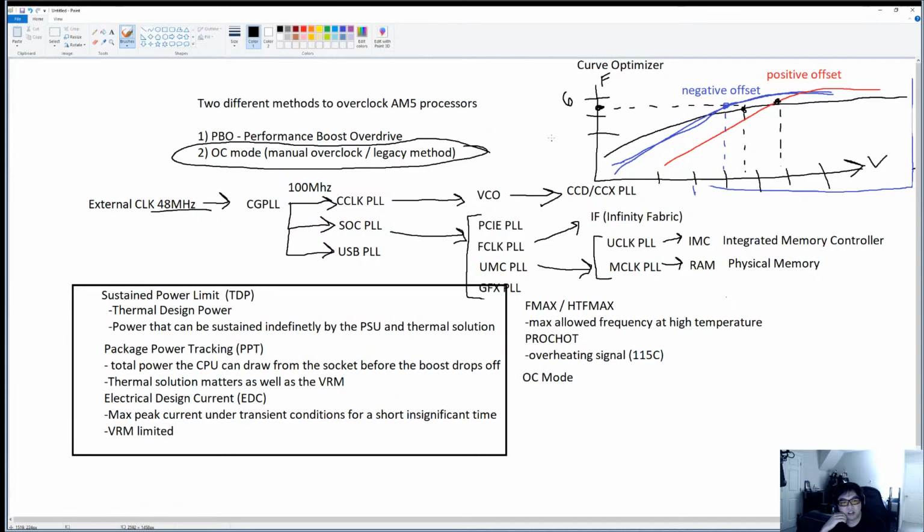A lot of stuff to keep track of, like power, thermal, voltage, the different methods, the different tools that exist within PBO, or they don't exist if you're using OC mode. But even with OC mode, you still need to know vCore, and maybe some other things like SoC voltage might be something you need to be aware of.